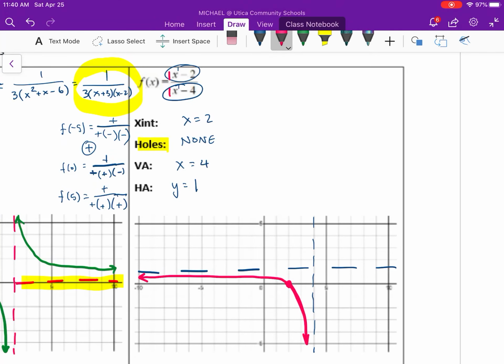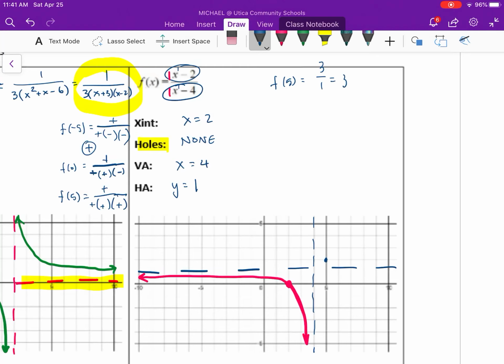I'm going to go ahead and test a point here. In this case, I'm going to plug in a 5. This time I need to know an actual number because I need to know if it's above or below this horizontal asymptote of 1. So when I plug in a 5, I get 3 divided by 1, which is 3.